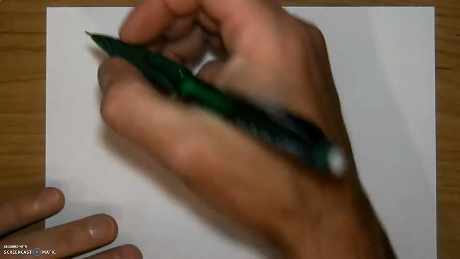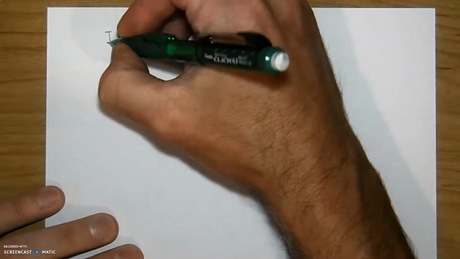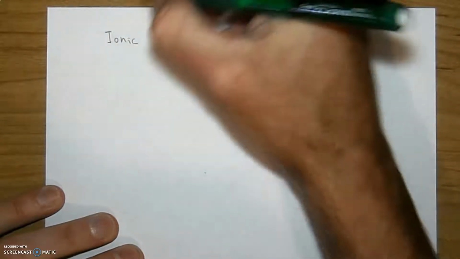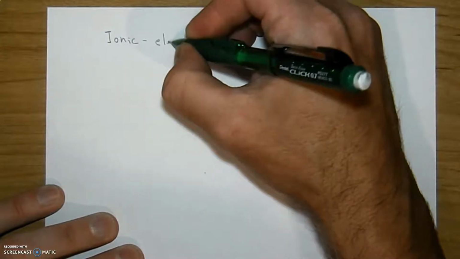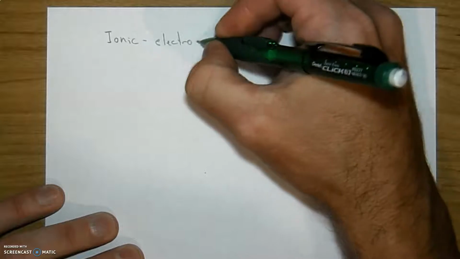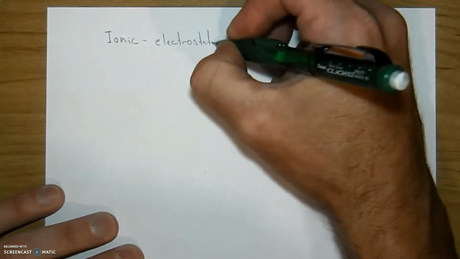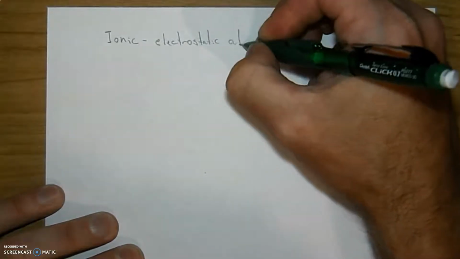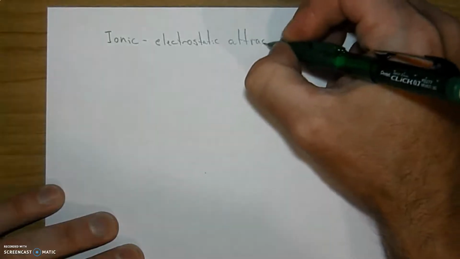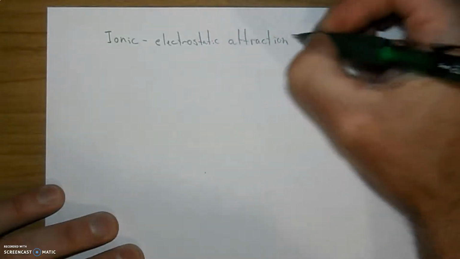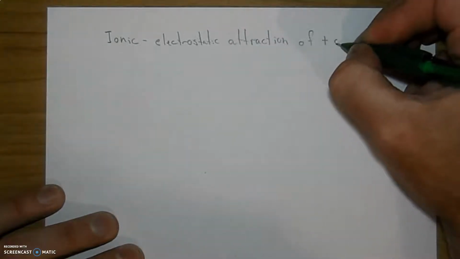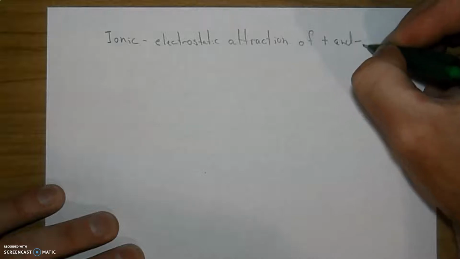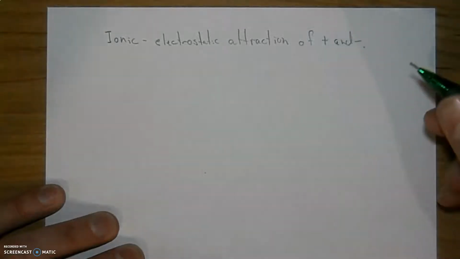Okay, next solid on our list, we will talk about ionic. Ionic solids have electrostatic attraction of positive and negative atoms, ions.